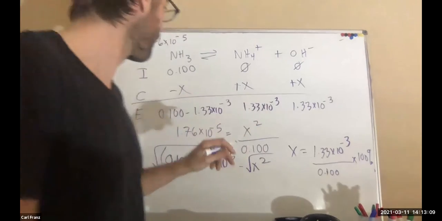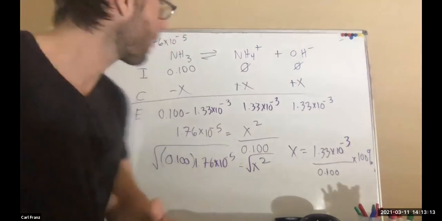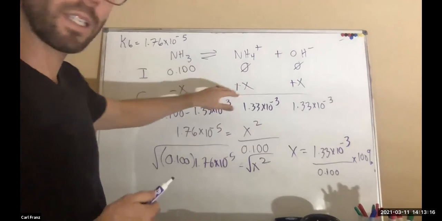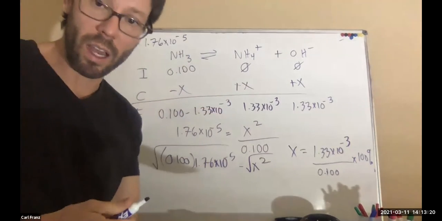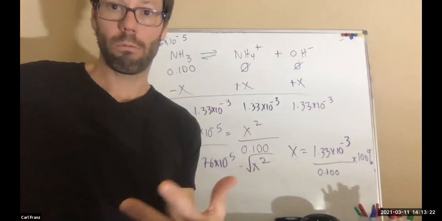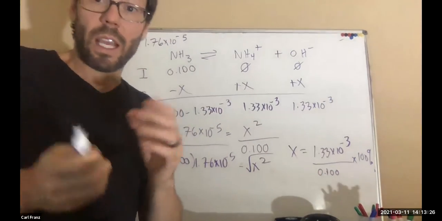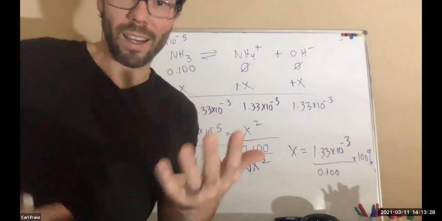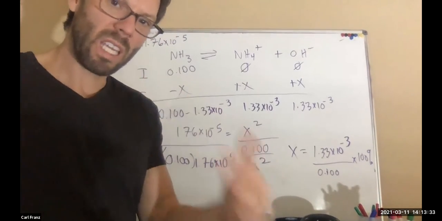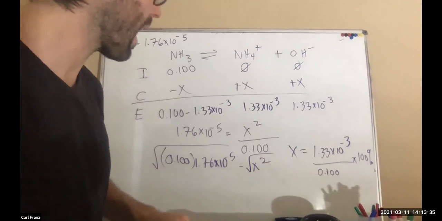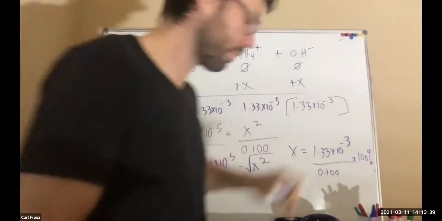Now, as was mentioned, if we wanted to check and make sure that that x was correct, we would plug it into the equilibrium expression. And if it equals 1.75 times 10 to the negative 5, then we know that we did it right. Let's just, for the sake of time, assume that that is correct. How would we find pH now that we have this being our OH?